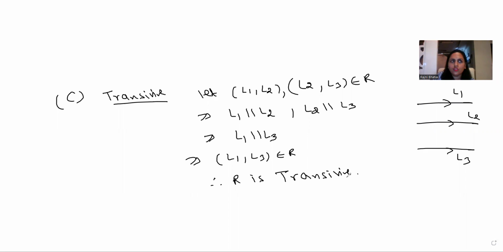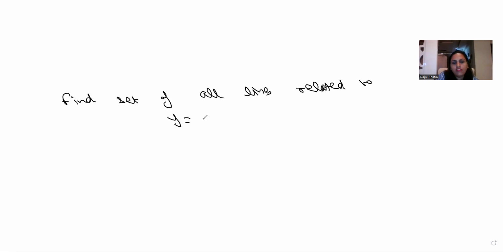The second part of this question says, find the set of all the lines related to y equals 2x plus 4.